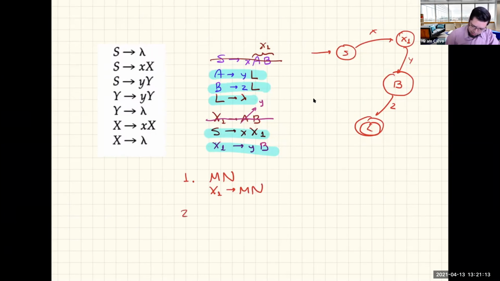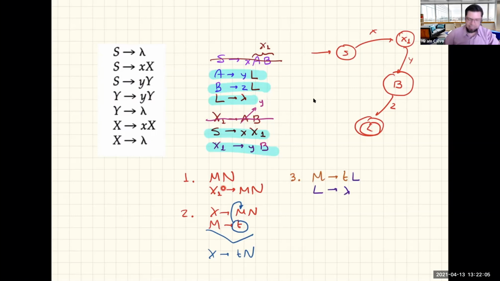The second thing we did was, if we have M N in some rule, X, M N, and M is a terminal, just substitute this M with this T, so that you have X, T, N. And the third mechanism is whenever you have something like M, T, then you just add L, and then L goes to lambda.